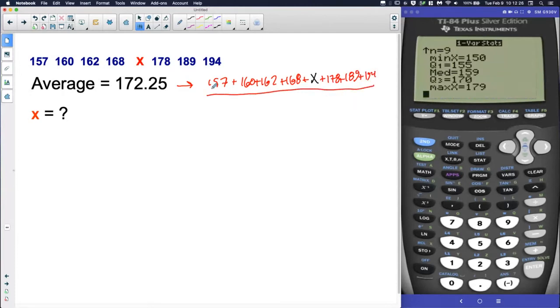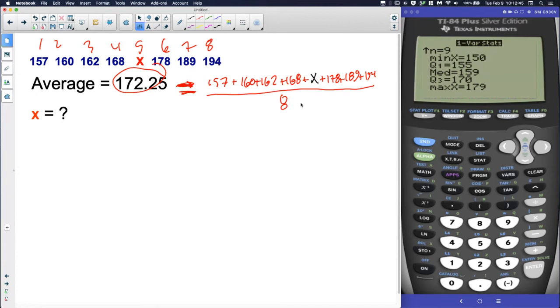I know I have a total of 1, 2, 3, 4, a 5th number, 6, 7, 8. So a total of 8. So divide that, and I'm going to get this number. So I'll write equals here. Now I just have to solve.